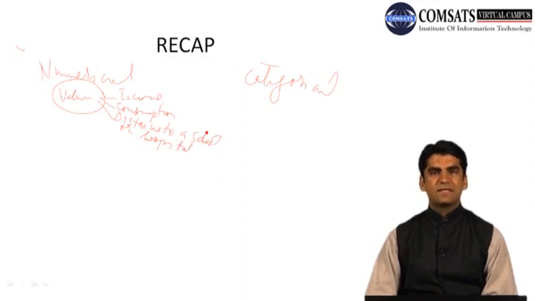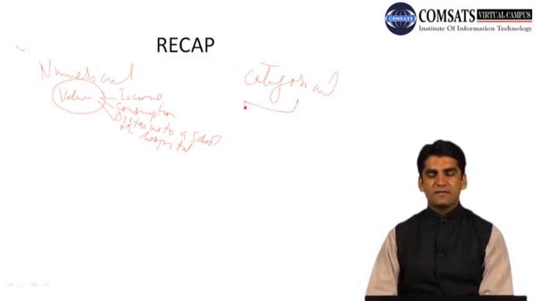So this can be numerical data which can take any value, maybe continuous or discrete. A categorical variable can have rank, nominal order, or can be dichotomous in nature.